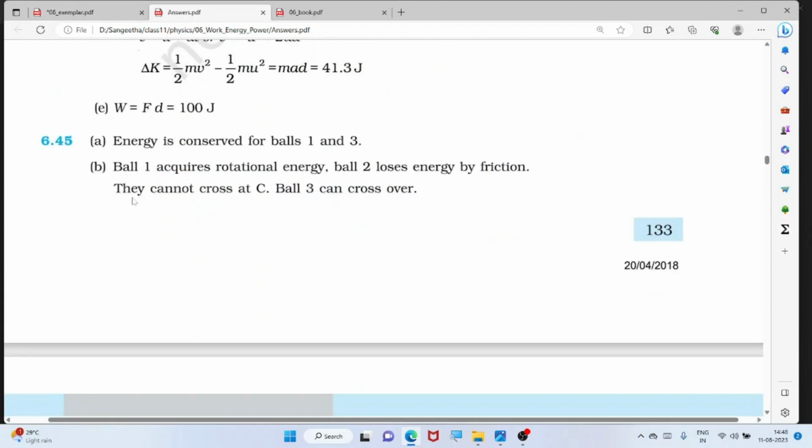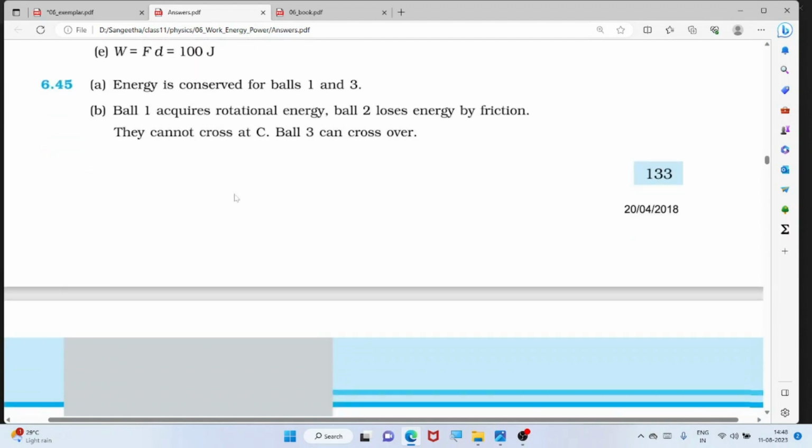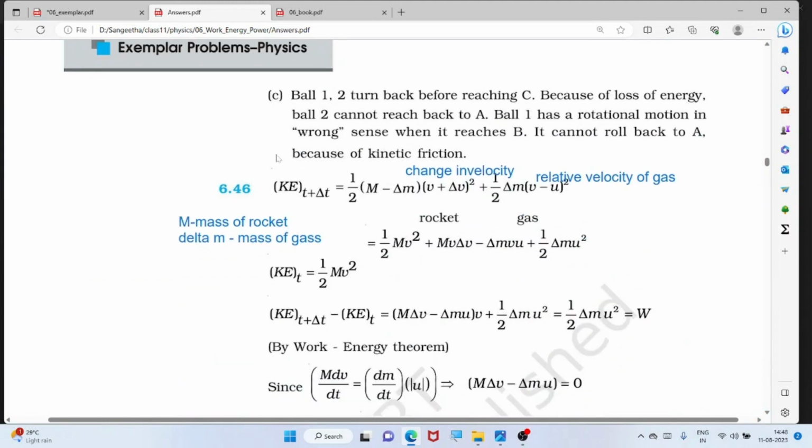Ball 1 acquires rotation energy, ball 2 loses some energy, so they both can't reach C, but ball 3 can cross over. Ball 1 and 2 turn back before reaching C. Because of the loss of energy, ball 2 cannot reach back A. Ball 1 has a rotational motion in the wrong sense, so when it reaches B, it cannot roll back, because of that opposite rotation.